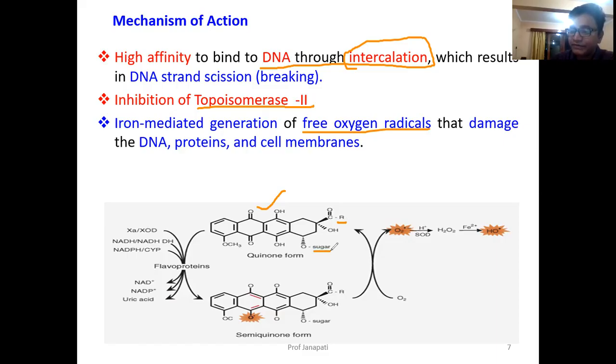We didn't put daunosamine because epirubicin is different and all those things. That's why we kept sugar. Now here what happens is that the quinone form which was present will be oxidized to the semiquinone form. The semiquinone form has an extra electron.